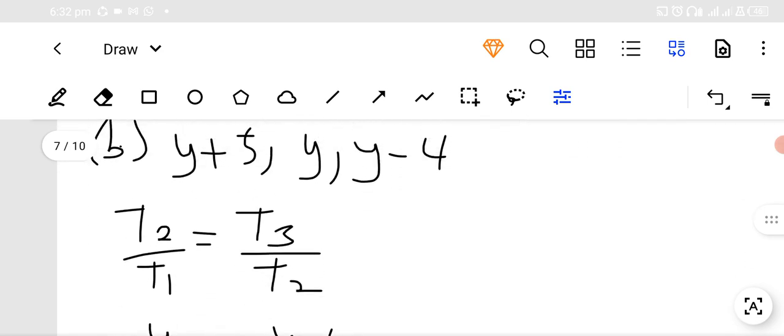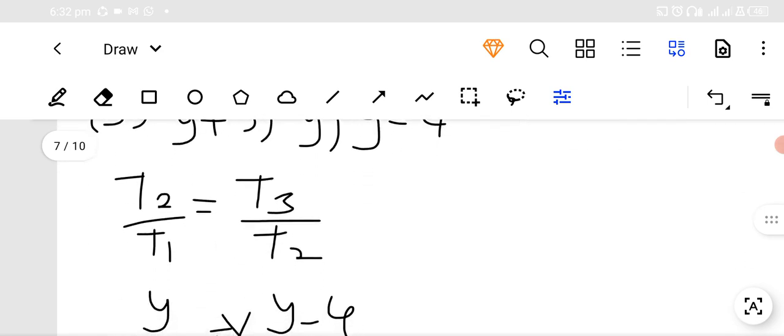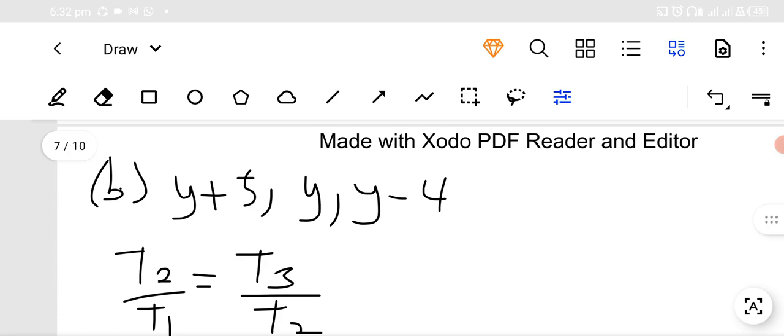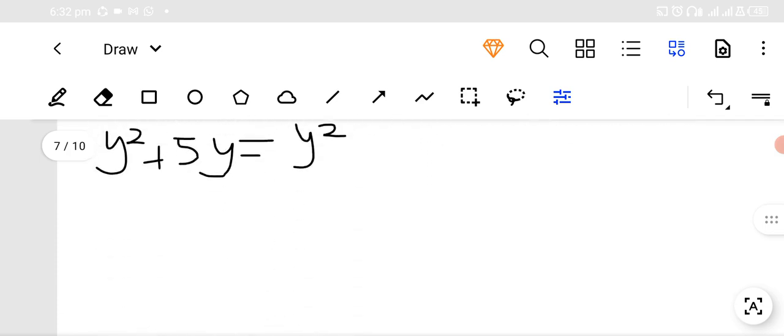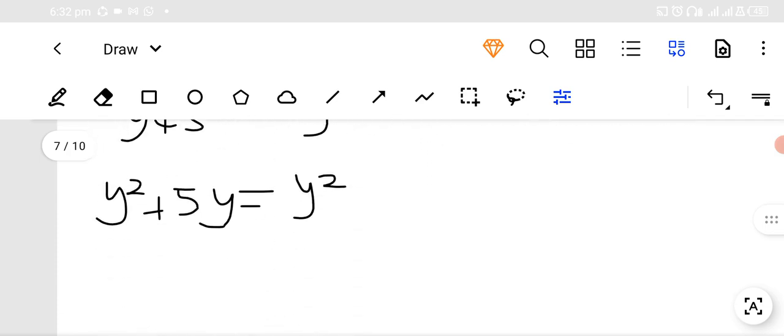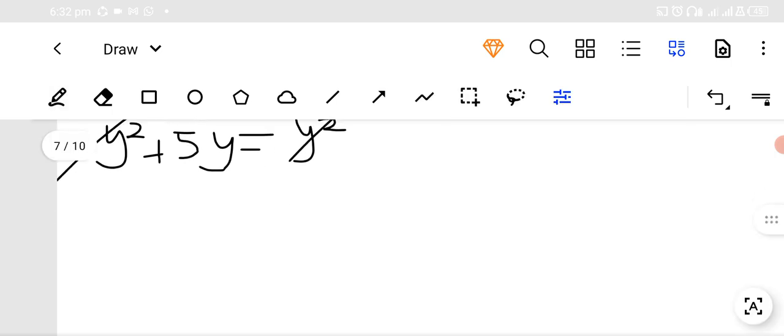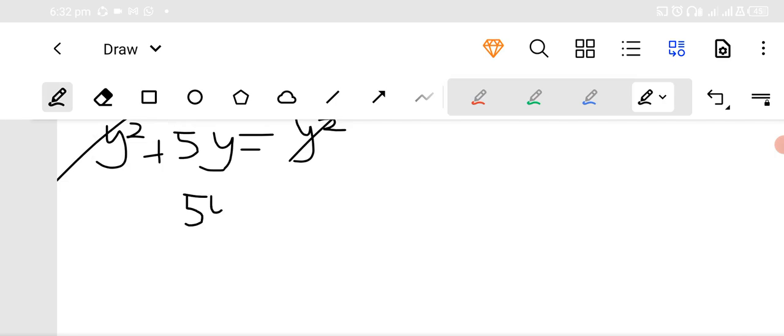Already you can see where this is going. You can see that y squared is on each side of the equation, so it cancels out. You simplify it: 5y is equal to 0.